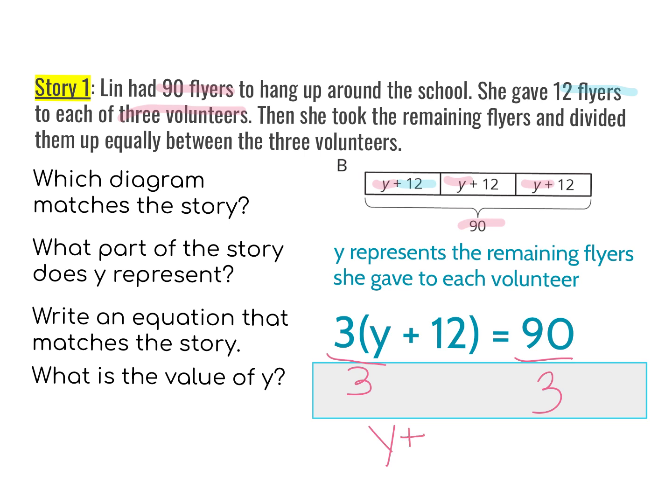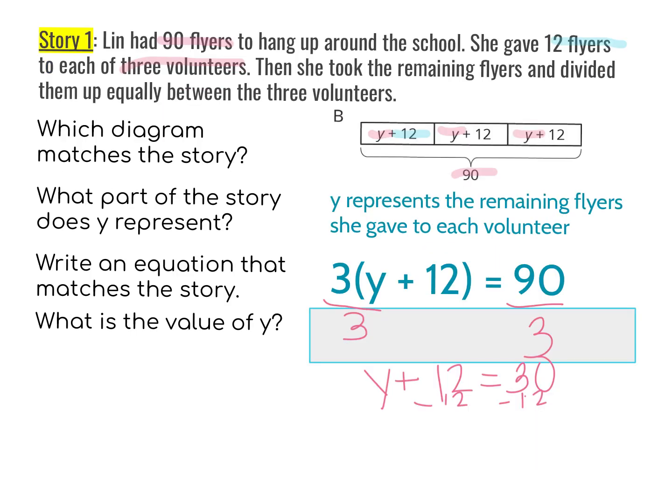So we will be left with y plus 12 equals, and 90 divided by 3 equals 30. So one volunteer has 30 flyers. If I subtract 12 from that 30, it gives me the unknown value, and 30 minus 12 is 18. So y equals 18.